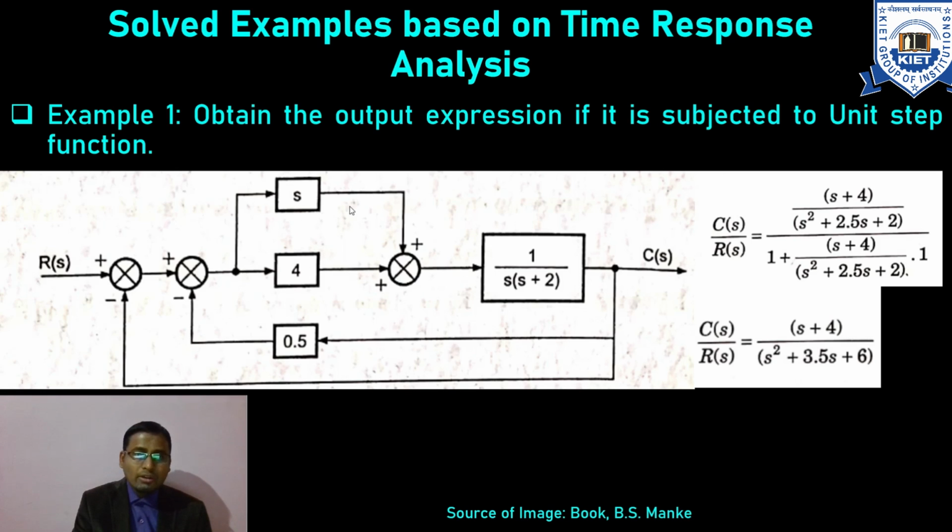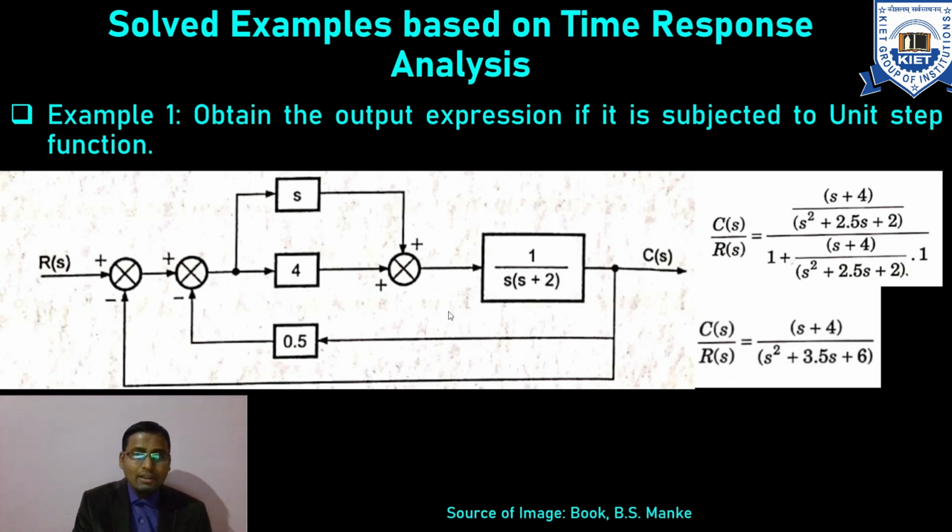Now this block is configured as s plus 4, reduced by the parallel reduction theorem. Clear? So after the reduction we get s plus 4, and this is cascaded with the block 1 upon (s plus 2) into s. In cascade we multiply each transfer function, and after that we have a negative feedback path with H(s) equal to 0.5.